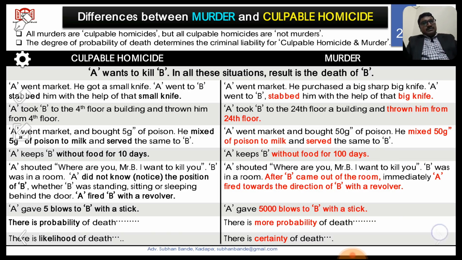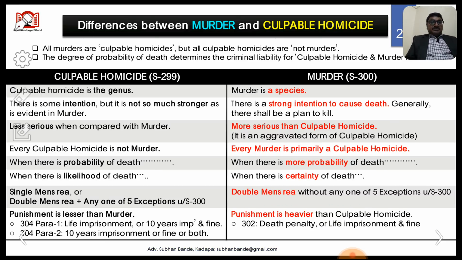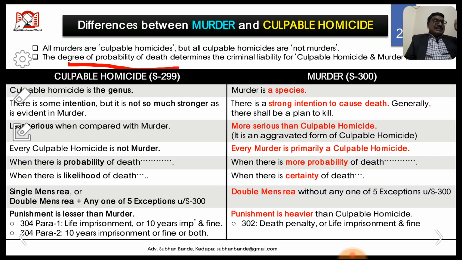Let us see the theoretical differences between these two concepts. As we know, all murders are culpable homicides, but all culpable homicides are not murders. The degree of probability of death is the most important point. The degree of probability of death determines the criminal liability for culpable homicide and murder.